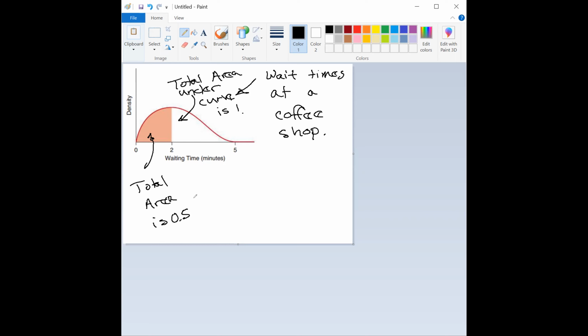Then we can say that the probability that your wait time is from 0 to 2 minutes is 0.5. It's the portion of the outcomes that represent that range over the total outcomes. So 0.5 out of 1, or 50%.